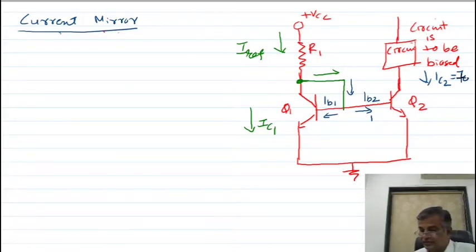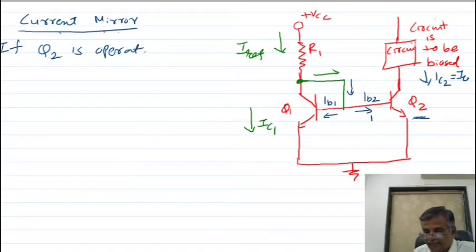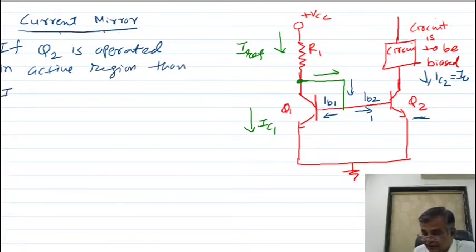Now this circuit provides a constant current only when Q2 is operated in the active region. If Q2 is in the active region, then IC2 is nearly equal to I reference, provided beta is large.